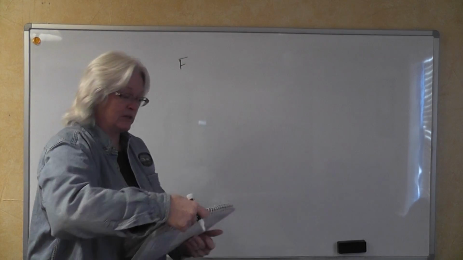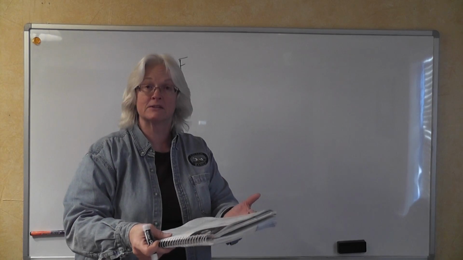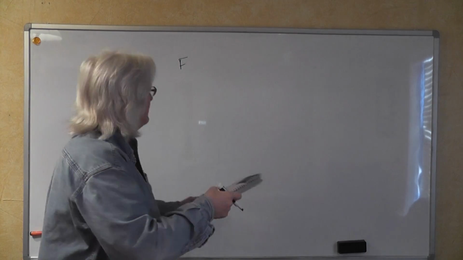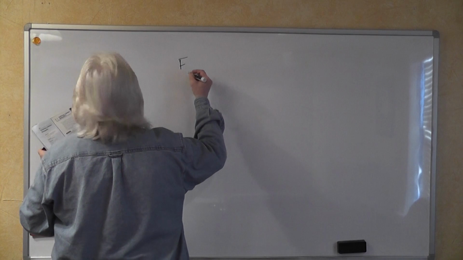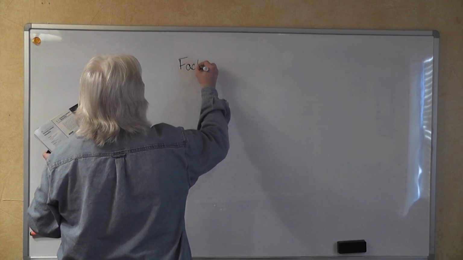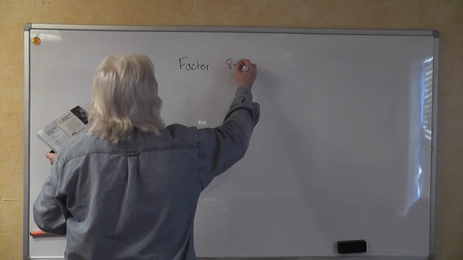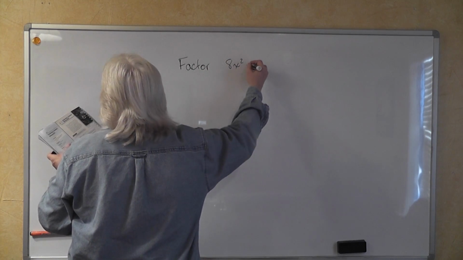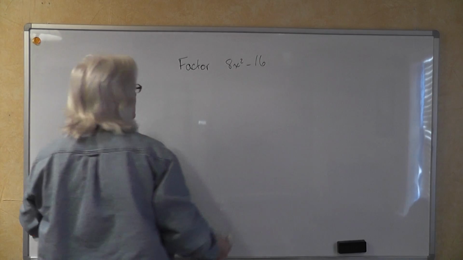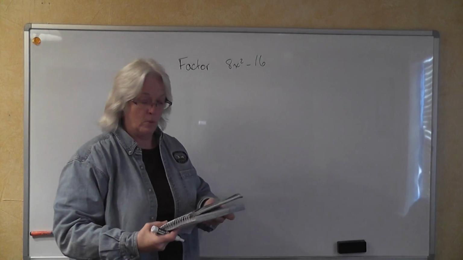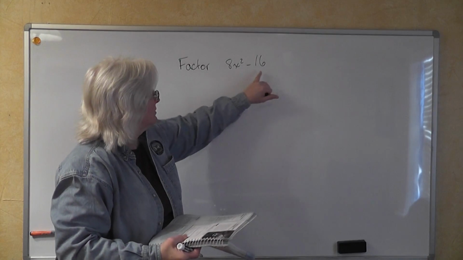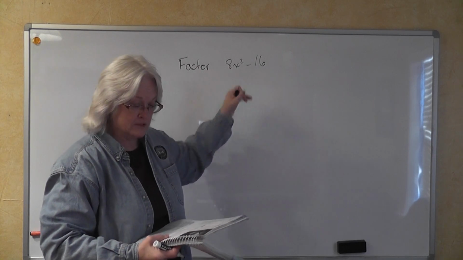We are in section 9.1, page 364 of the second edition of Algebra 1. And our instructions here are to factor 8x squared minus 16. So what do we want to do? We want to factor each term into primes.